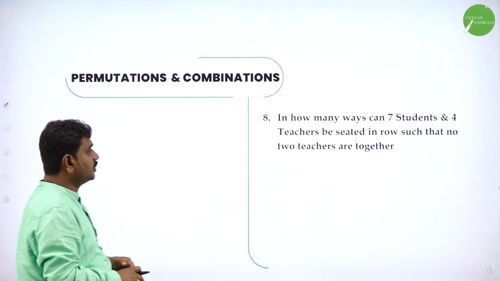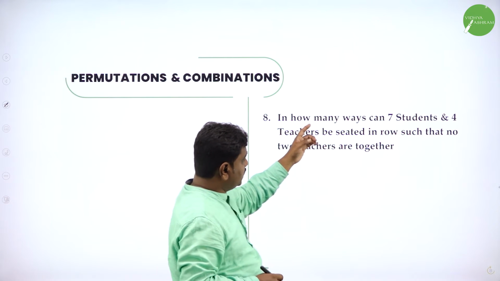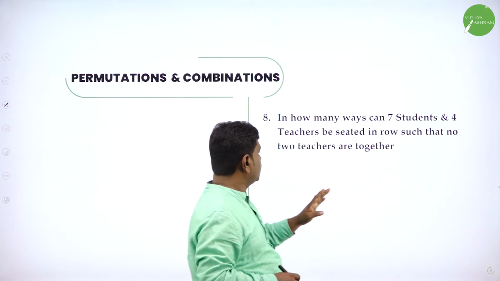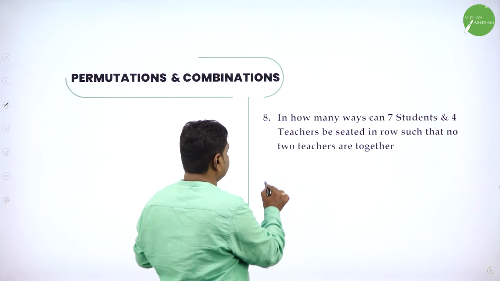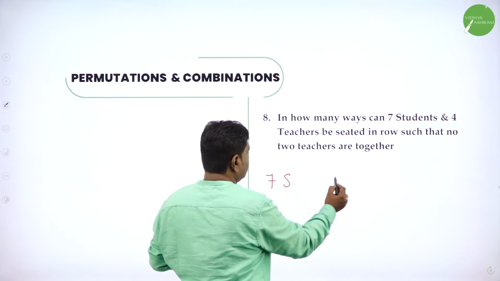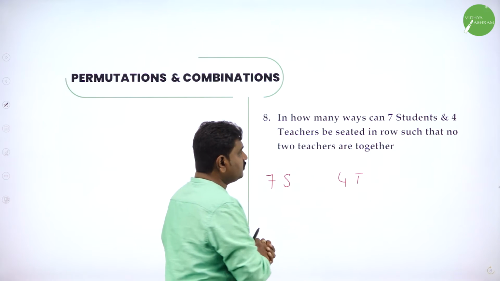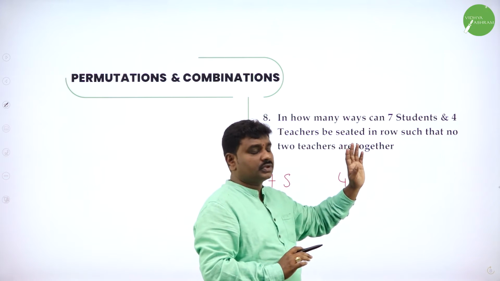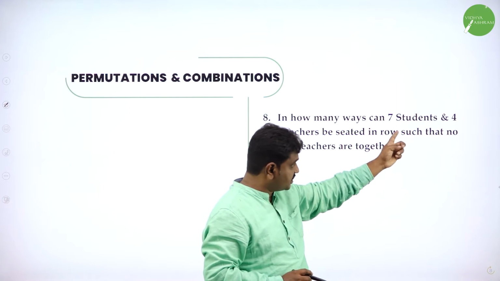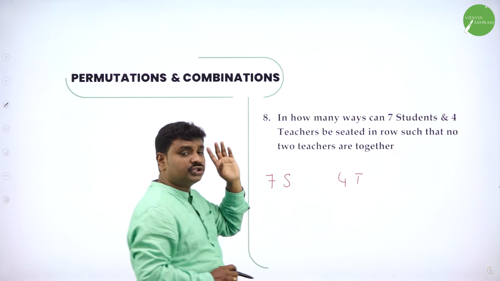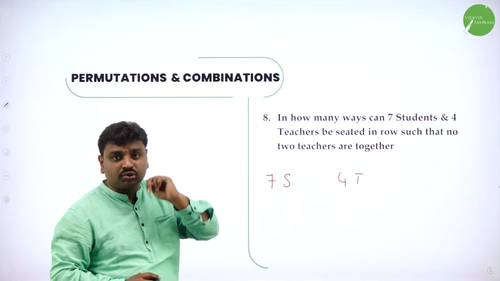Next. In how many ways can 7 students and 4 teachers be seated in a row, given the condition that no 2 teachers should sit together?